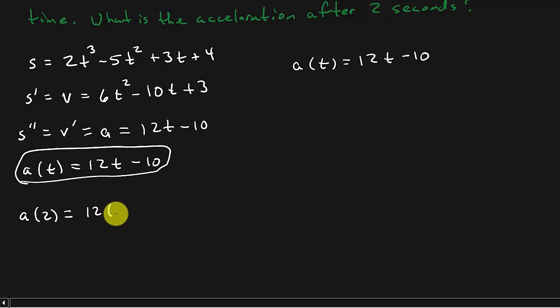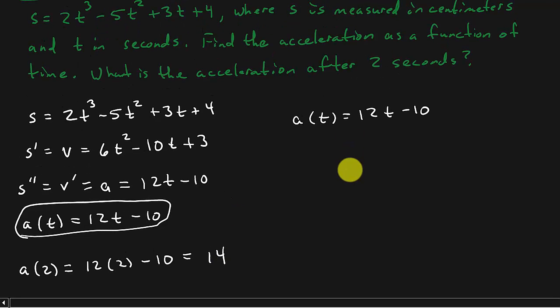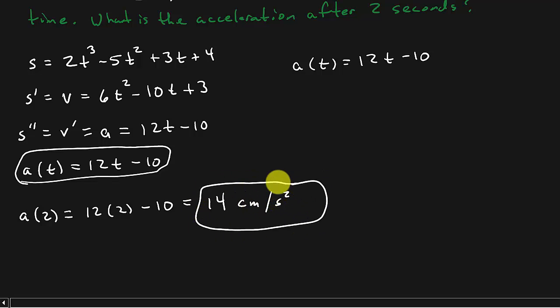That's 12 times 2 minus 10, so that's 24 minus 10, which is 14. Remember, this is in centimeters and seconds, so that is 14 centimeters per second squared. And there's your acceleration.